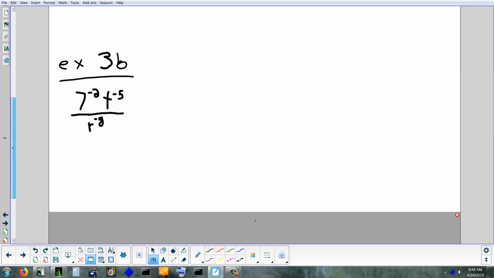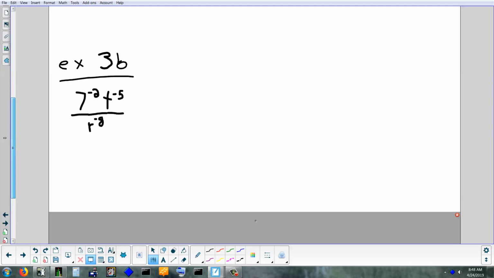All right? Now this one is a fraction, so I don't have to put it over 1. First step, power to a power. Miguel, do I have power to a power? No, because I need to have parentheses, right? There's no parentheses there. Is that an 8 at the bottom?